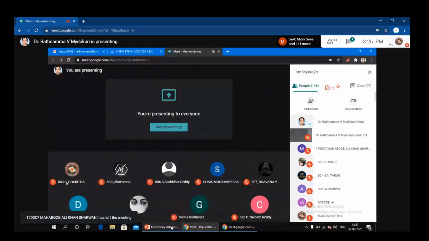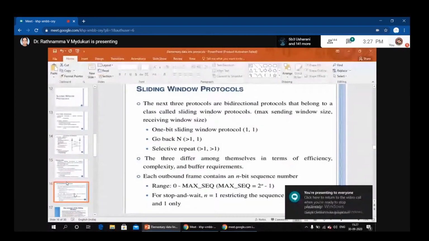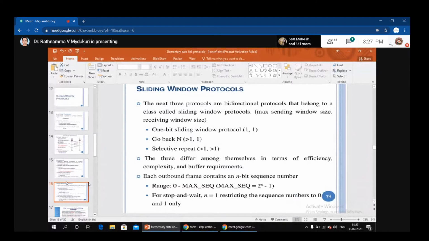Now, the next one, sliding window protocols. Actually, we have given 3 protocols here. These 3 protocols are bidirectional protocols. That means data transmission is possible in 2 directions. Now, what is our first protocol?